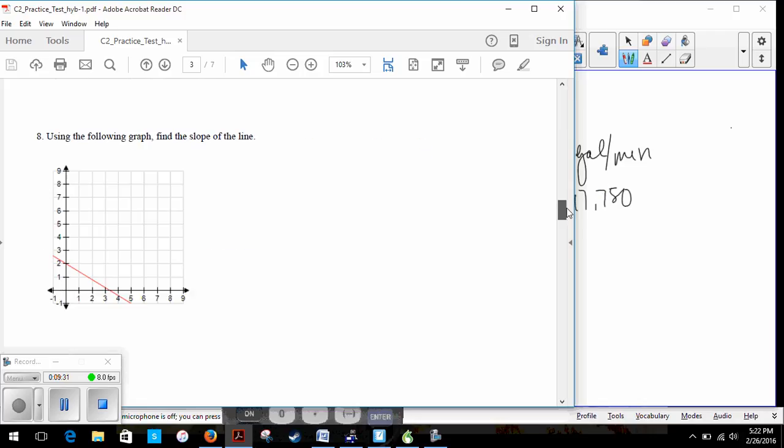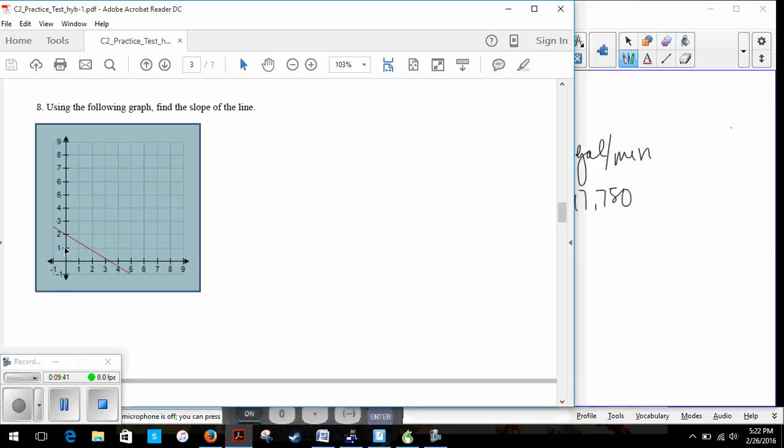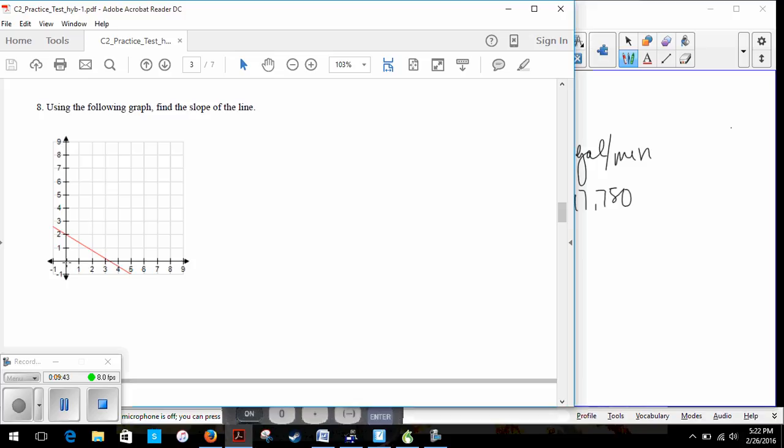Number 8 says find the slope of the line using the graph. You go up or down first and you read it from left to right. So I start at the 2. I'm going to have to go down 1, 2, 3. And then I'm going to have to run 1, 2, 3, 4, 5. So I need to use this point over here, this (5, -1), because notice over here for that (3, 0), it doesn't go through exactly.